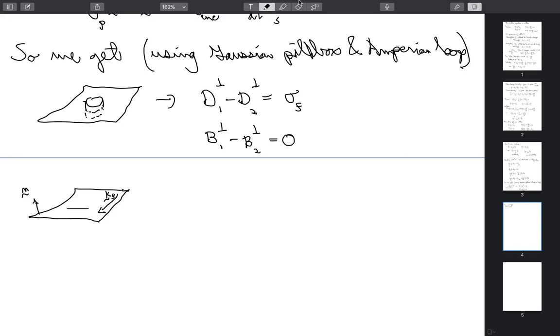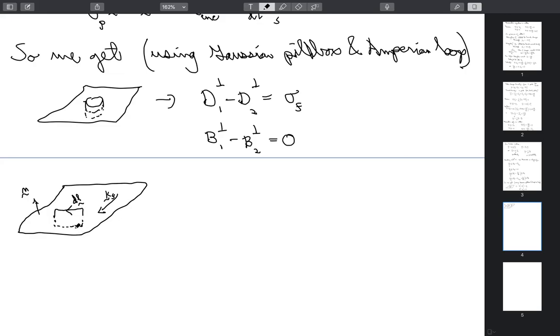Let me erase this one and do that again. So I had my wonderful surface, which I will redraw, and now I will do a little Ampérian loop like this, going under and then coming back up. I'll define a direction like this, which will be my little integration element dl.